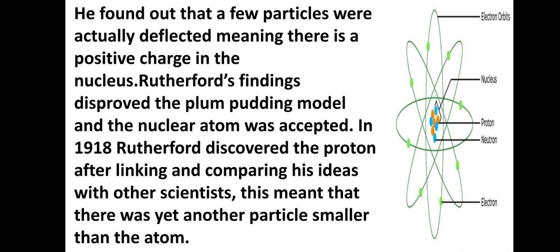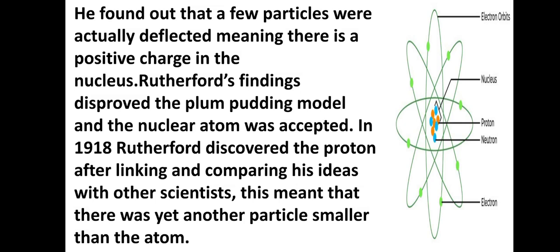He found that a few particles were actually deflected, meaning there is a positive charge in the nucleus. Rutherford's finding disproved the plum pudding model and the nuclear atom was accepted.